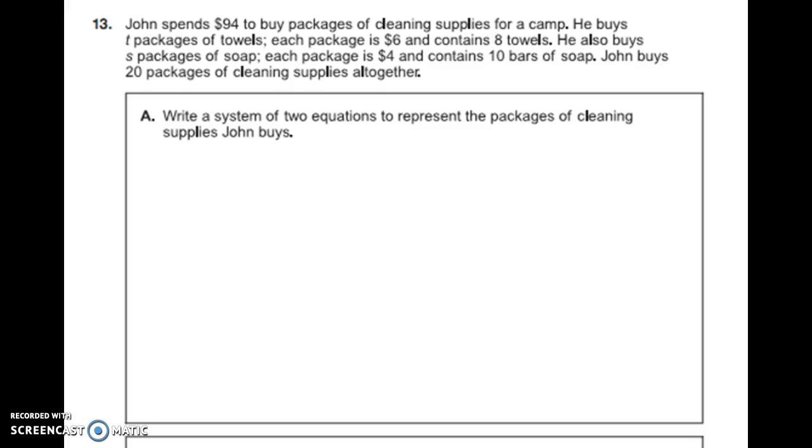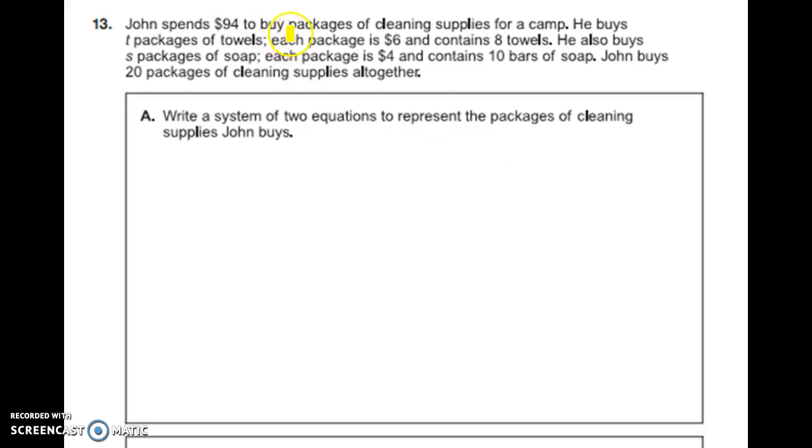For this one, the first thing I'm going to do is put together information that goes together. Question A asks us to write a system of 2 equations to represent the packages of cleaning supplies that John buys. In order to write that, we need to know what numbers go with what.